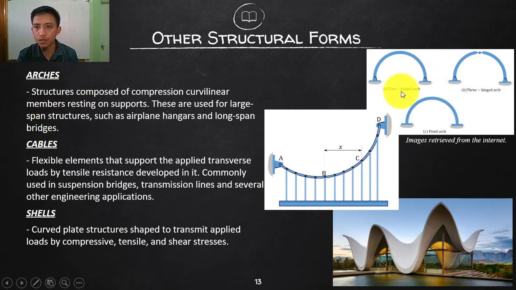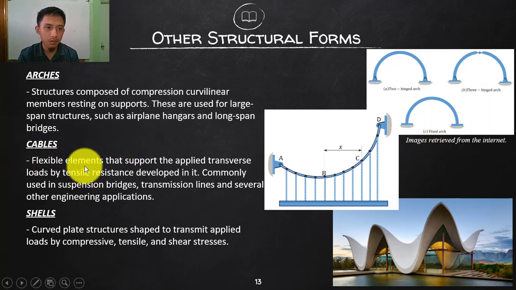We have here the two hinge arc, that is a complete arc supported with pin. And then we have the 3 hinge arc. At the middle there is a hinge, that is a release point of the moment. And then we have a fixed arc. That depends on the function or the orientation on the actual scenario.